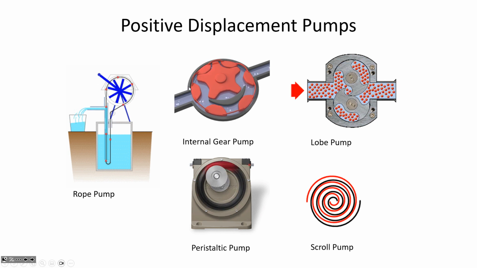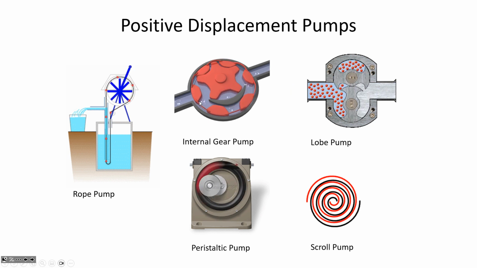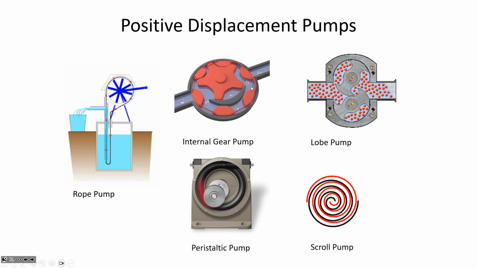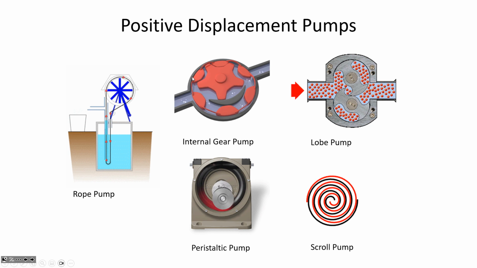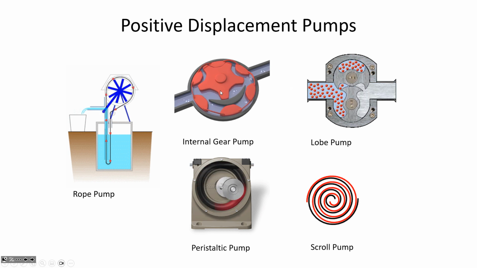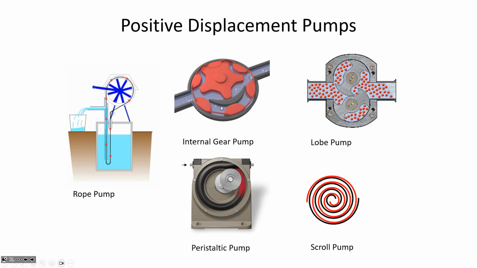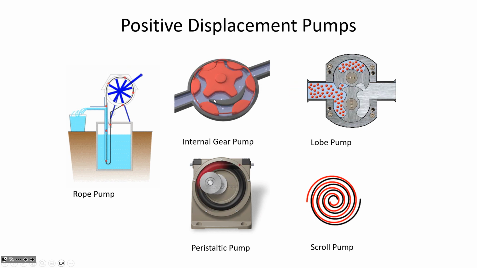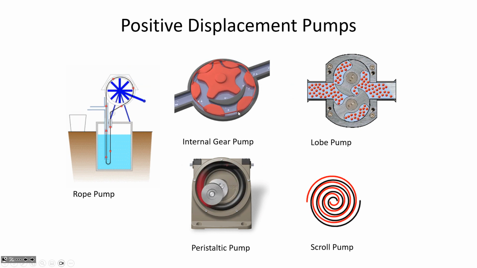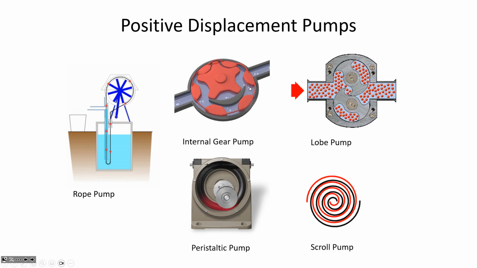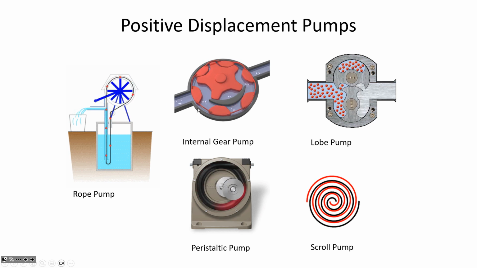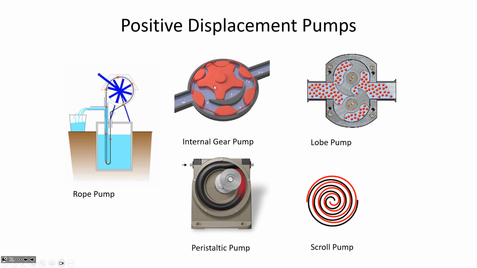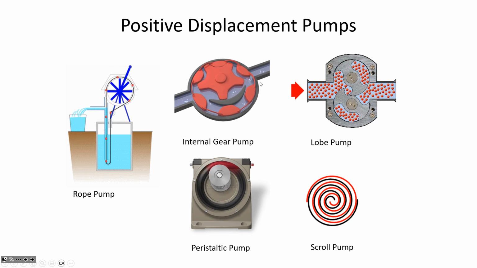An internal gear pump is a similar thing, where you can see the rotating gear is a solid, so the water can't flow through the gear, but because of the shape of the gear and its location, there are voids that the fluid can fill. So it's drawn into the gears and discharged from the gears.